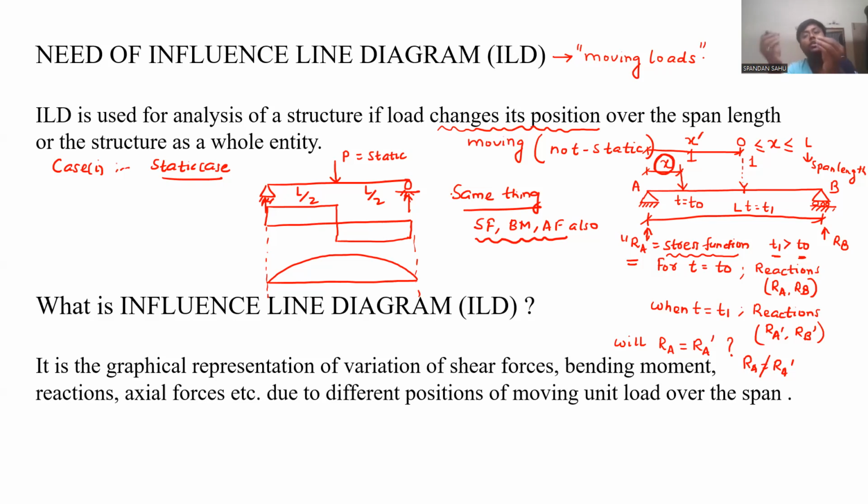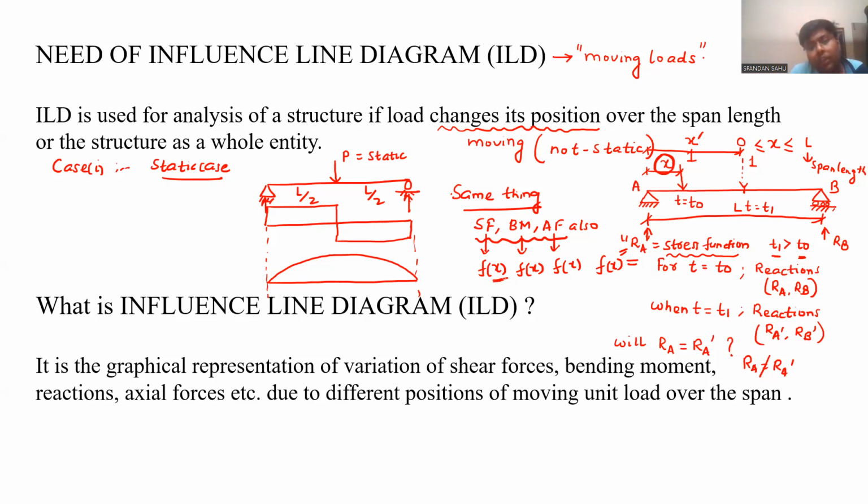So when you plot those functions, you will get shear force as a function of x, bending moment also as a function of x, axial force also as a function of x, and these reactions will also be obtained as a function of x.